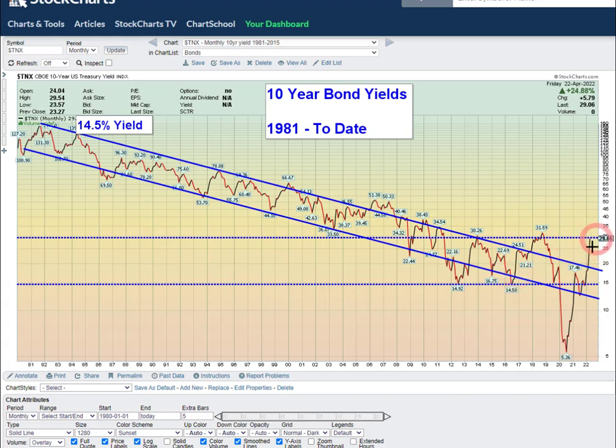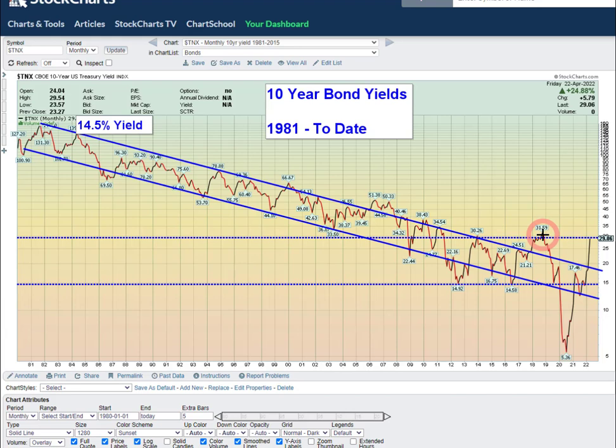But look what's happened just in the last year and a half. Here's your COVID low at 50 basis points. We rocketed out of the COVID crisis. As things opened up, we had a slight pullback, but for the last 6 months, it's been a quick moonshot up to basically the 3% level, right where we were at the lows.